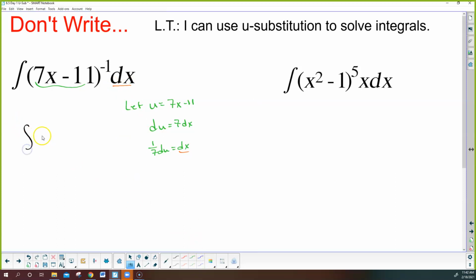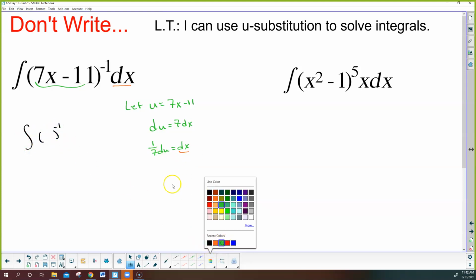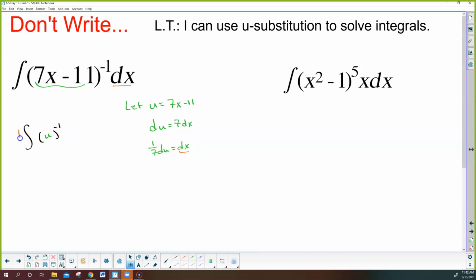So what's left over? Well, I've got the negative 1. I called the entire inside u, and then dx is going to be replaced by 1/7 du. But instead of writing the 1/7 here, I'm going to pull it out front and then call that du. Now here's a hint. Notice how this is u and this is u. You shouldn't have any x's left over. All the x values are taken care of.